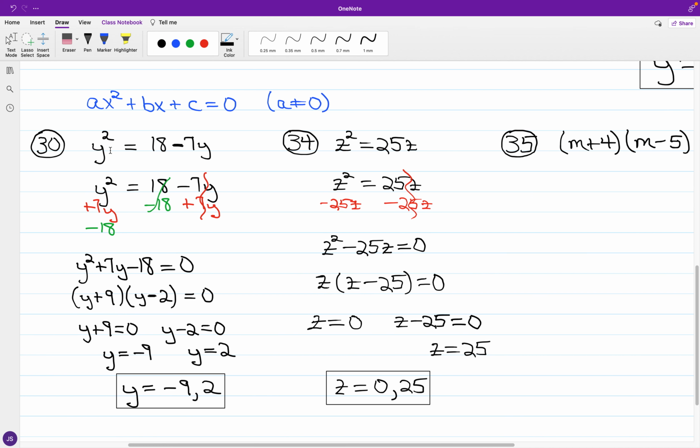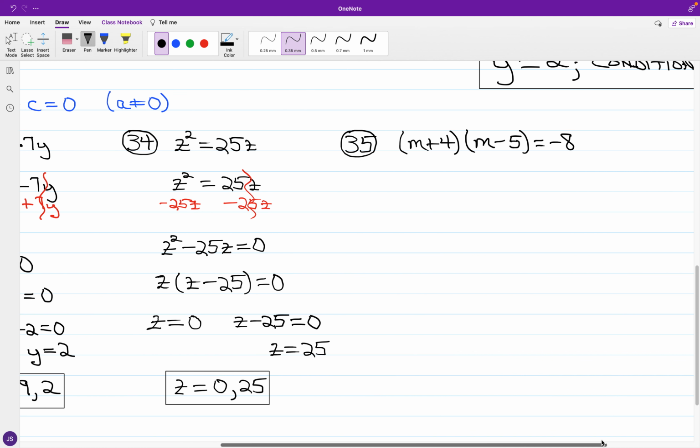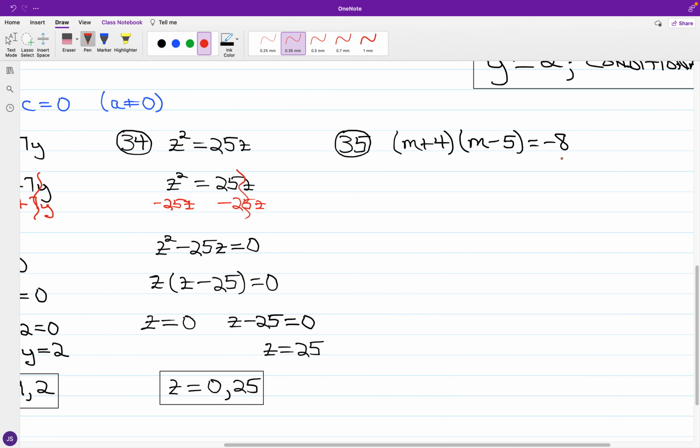Notice from number 30 and 34, when I had the factored form, we had 0 on the right hand side: y plus 9, y minus 2 to the left, 0 to the right, and we have z and z minus 25 to the left in problem 34, 0 to the right. So again, with -8, what we have on the right hand side must be 0 in order to use the zero product property.